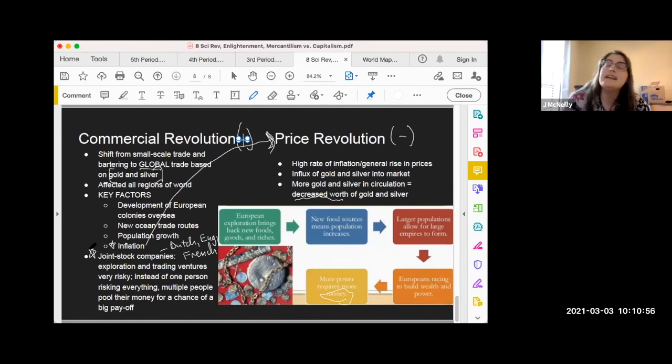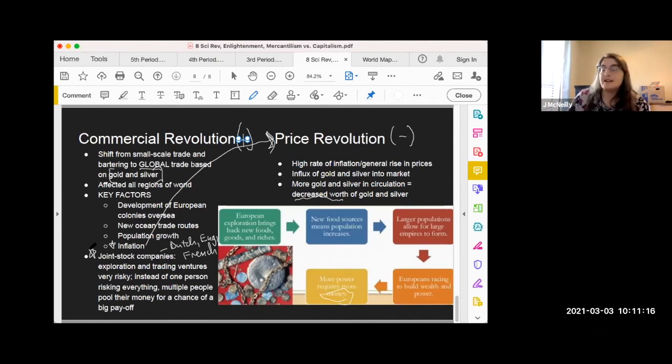Well, instead of investing all of your money as a single person in sponsoring an expedition, you can get a group of people to pool their money together, maybe $1,000 each from 10 people. Then that way, if the ship makes it back safely, you can all split the profits.